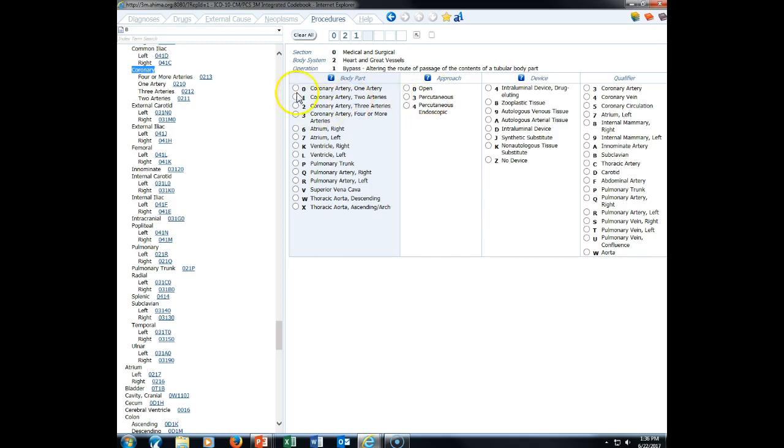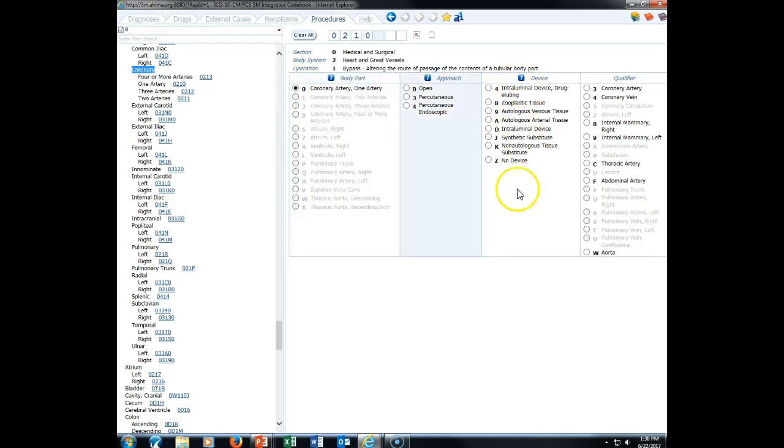And of course, we choose the approach. And the device is based on what type of tissue we're using. Are we using autologous vein, meaning from the patient? Are we using venous tissue from the patient or arterial tissue from the patient?